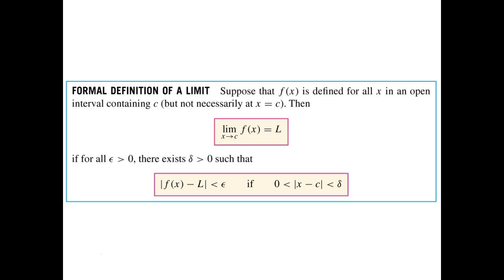For the absolute value of this, less than epsilon, that is guaranteed to be within that range of epsilon if 0 is less than this difference here, x minus c, is between 0 and delta. Okay? No matter how small you choose the epsilon, if you can find a delta making that true, then the limit exists. Okay.